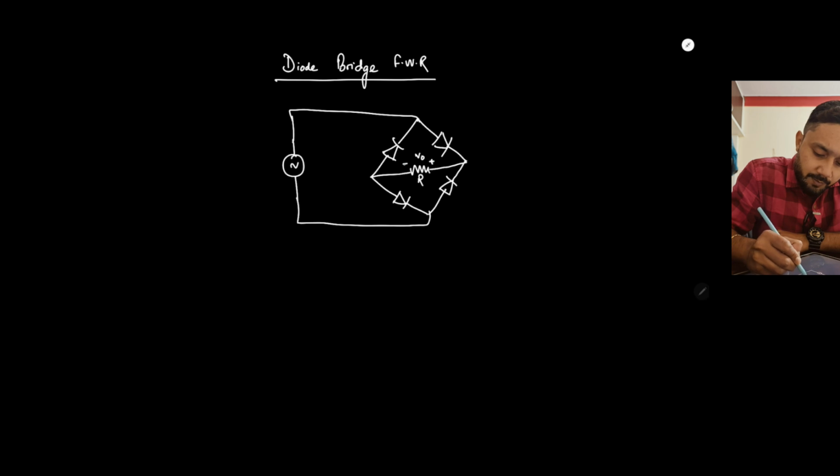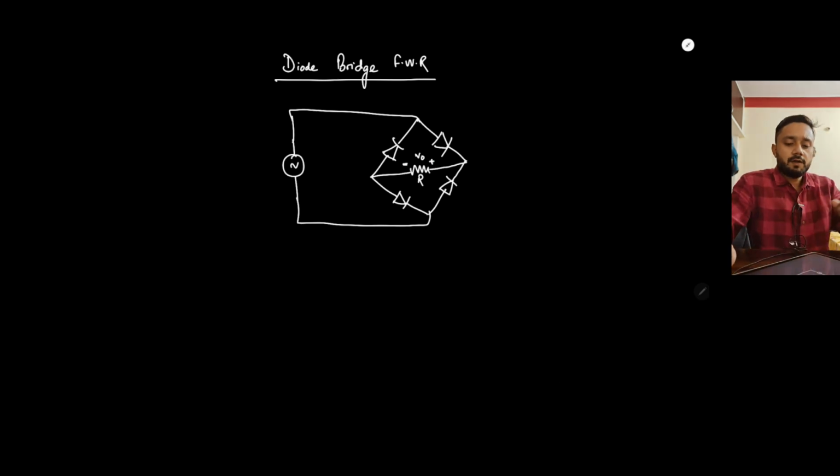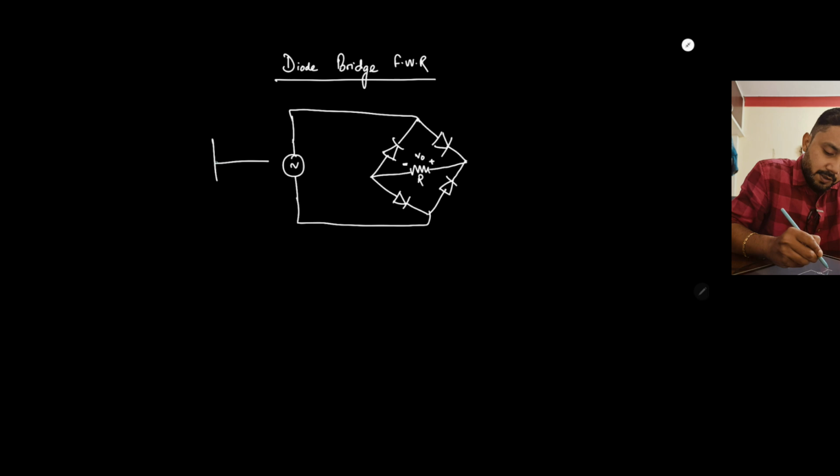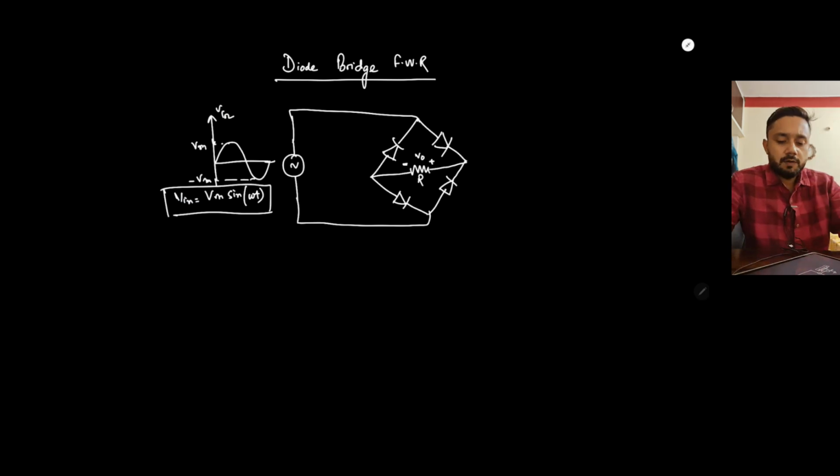Define one polarity here, positive, negative. And the input is AC. It is Vm sin omega t. This is Vm, minus Vm.